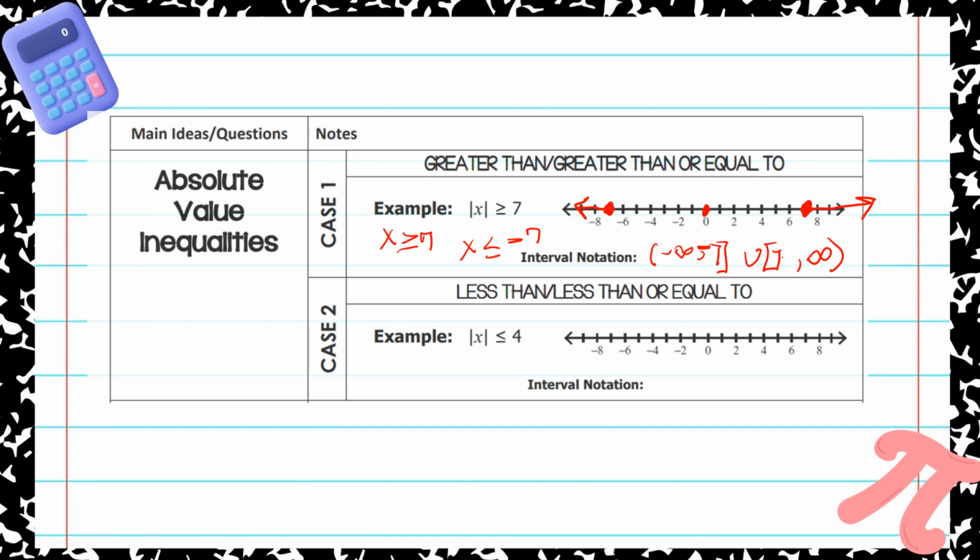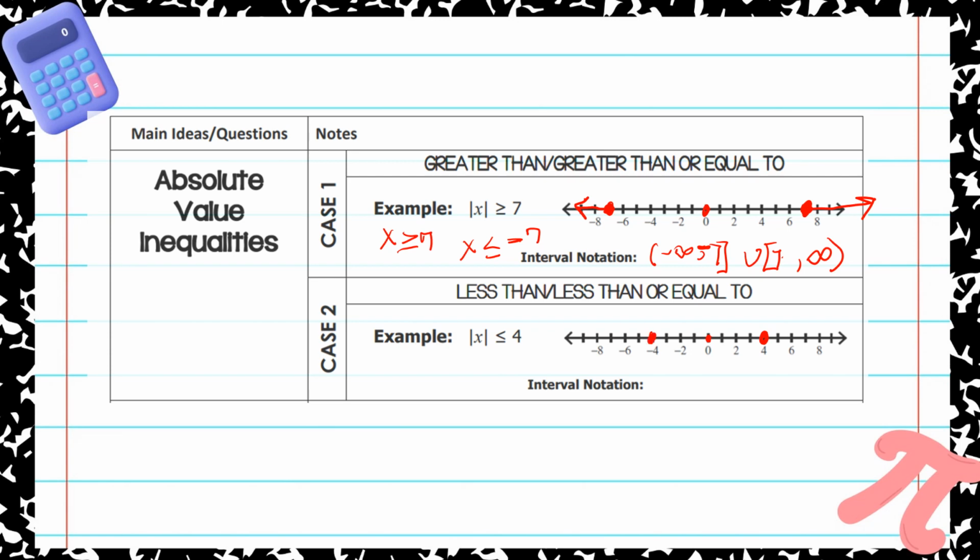Okay. Now, this second equation means that whatever x is has to be less than 4 units from the origin. So here's my origin, less than 4 units. Okay, so there's 4, here's -4. We know that from equations, right?